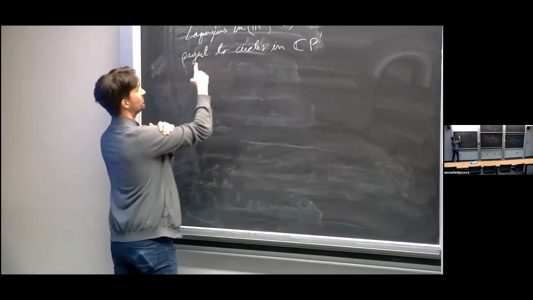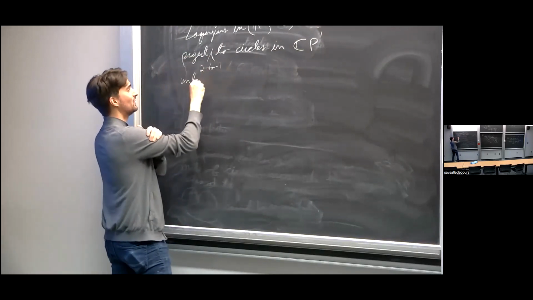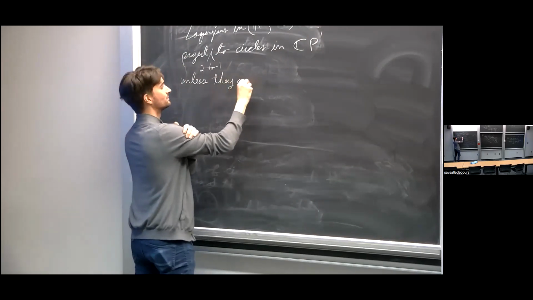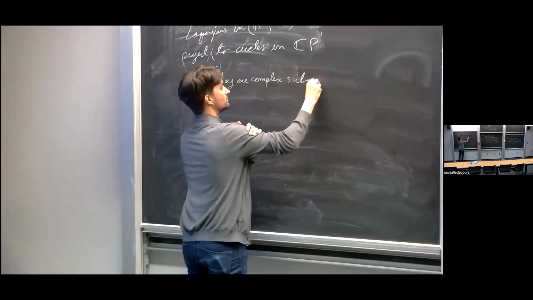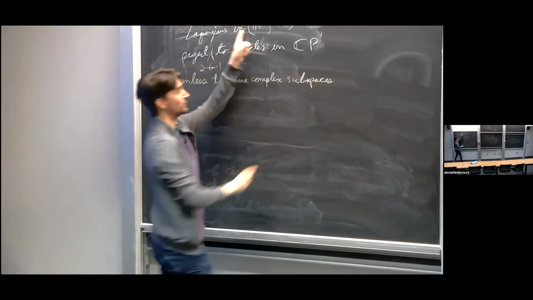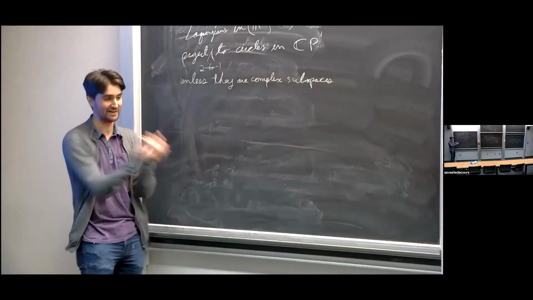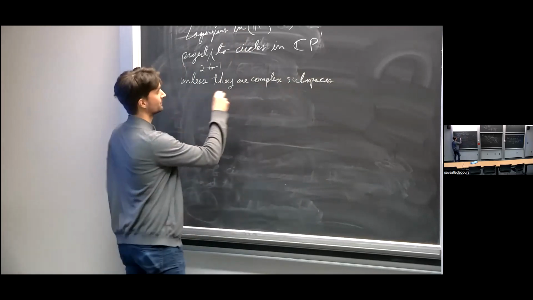So they project 2 to 1, unless they're also complex subspaces. Because remember, my R4 is secretly C2. So if my subspace is generated by a vector and i times that vector, then they project to a point.